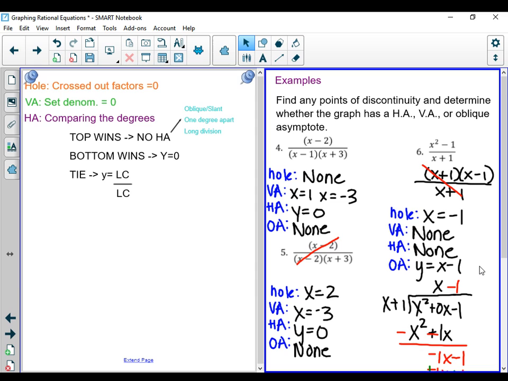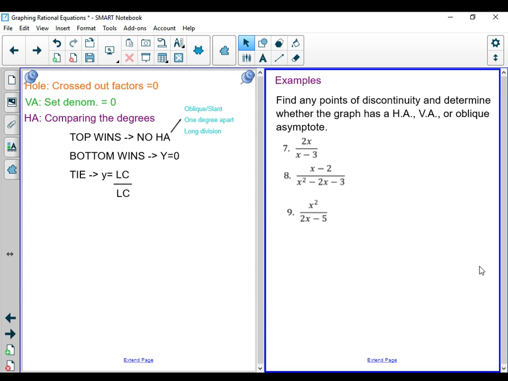I don't want that one. Okay, let's try these 3. Same thing. Tell me whole, vertical, horizontal, oblique.